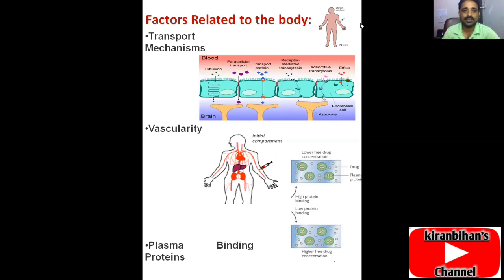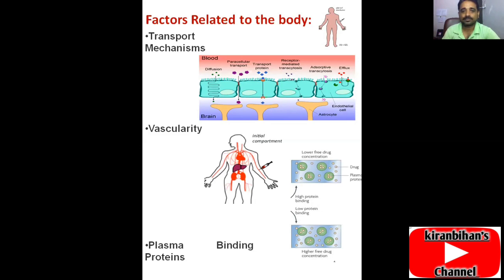Vascularity. Vascularity refers to the vessels, as the name indicates. The organs which possess more vessels, or the tissues which are more perfused, get more concentration of drug, like brain, heart, liver, and kidney, which are the most perfused tissues. So if a drug is given through IV, it first goes to the heart and then brain and kidneys.